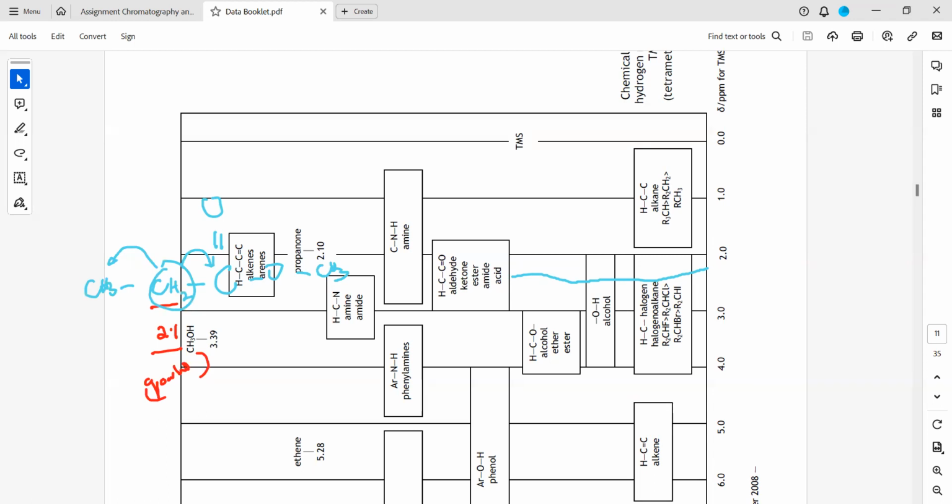The right-hand side neighbor does not have any hydrogen, so the left-hand side neighbor should have three hydrogen, because 3 plus 1 makes 4. That's why it will give a quartet. Is it clear? The structure of E. Any doubt in the structure of E?